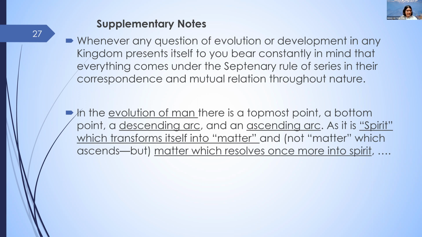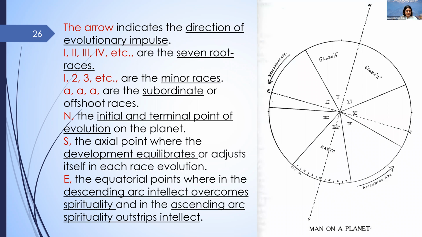So in the diagram which we had just seen earlier, this one, when we are considering it as evolution around the earth chain, then we have already seen that evolution will begin at the topmost point N on globe A, and it also culminates at the point N, but on globe G.